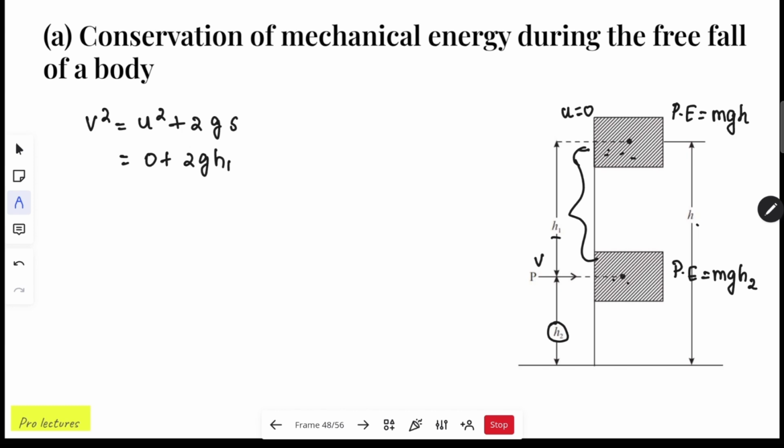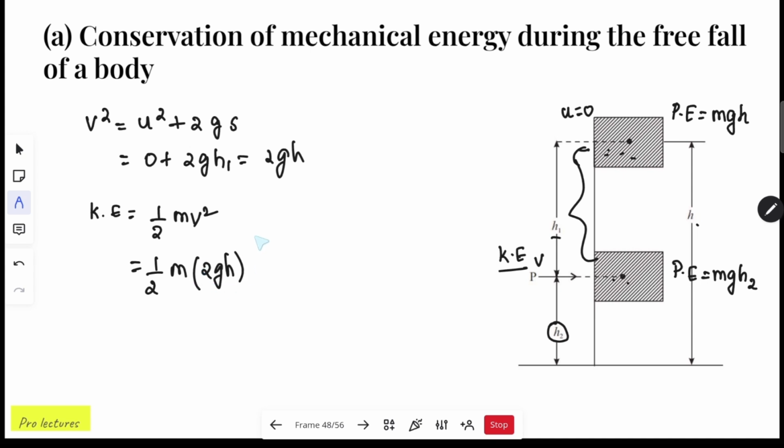If you observe, at the point P, the work done due to this motion, there is a kinetic energy at this point P. And this kinetic energy is half mv square, that is kinetic energy at the final position, which is half into the mass of the object m into, this is 2gh1, right? v square is 2gh1.